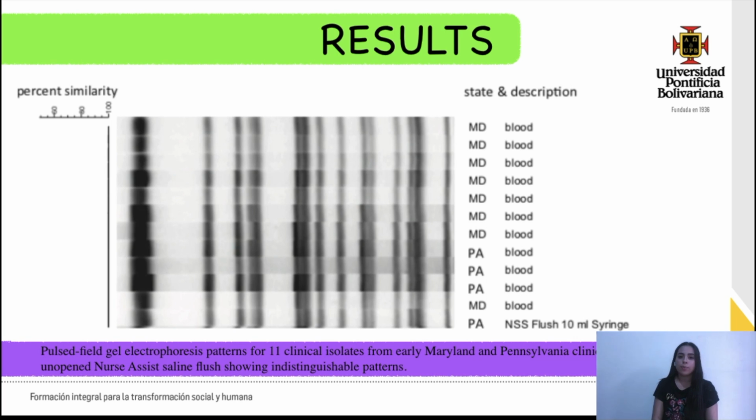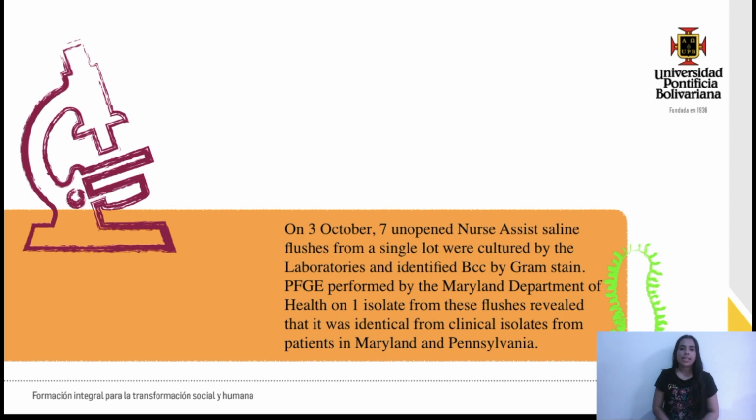They identified the Burkholderia cepacia complex from a pre-charged solution with a culture and gram stain, and then they compared these results to the samples of the patients that were hospitalized. So they concluded that the bacteria was identical.